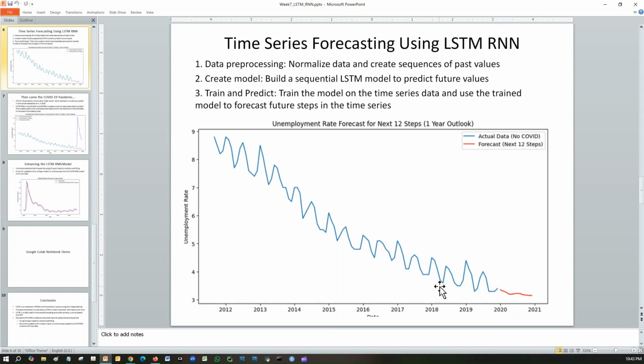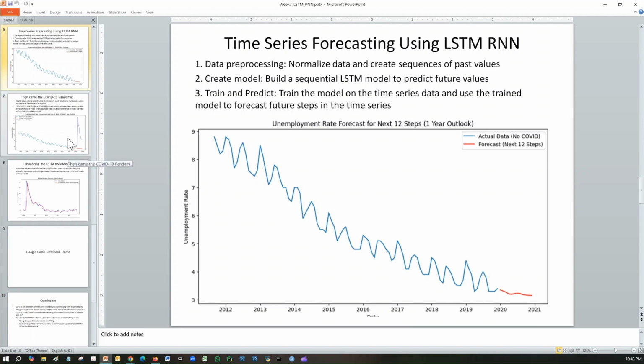We will touch on that later when we look at the notebook. But for now, this is how the LSTM model does the forecasting for 12 time steps ahead using historical data going back 10 to 15 years.